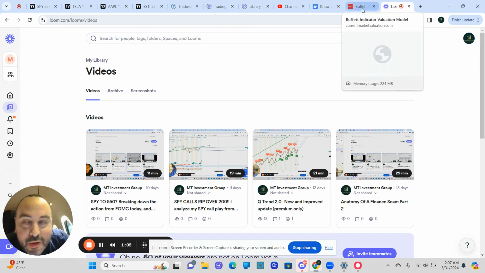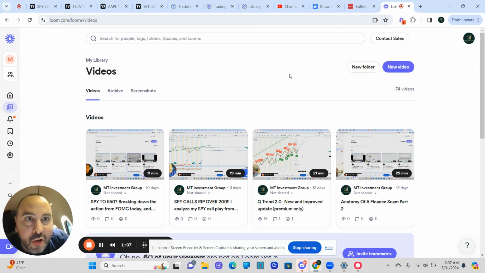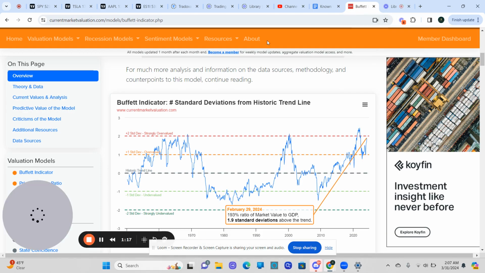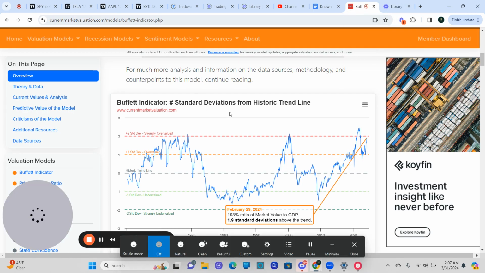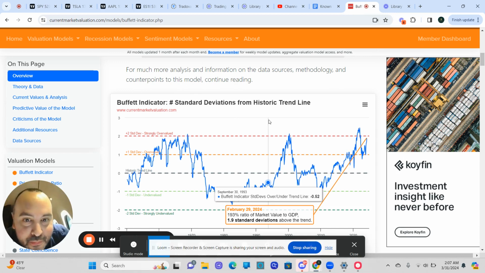So the first indicator I'm going to go off of, you guys have probably heard of. It's called the Buffett Indicator, named after Warren Buffett. It's very simple. What it does is it measures the market value of the stock market to GDP.